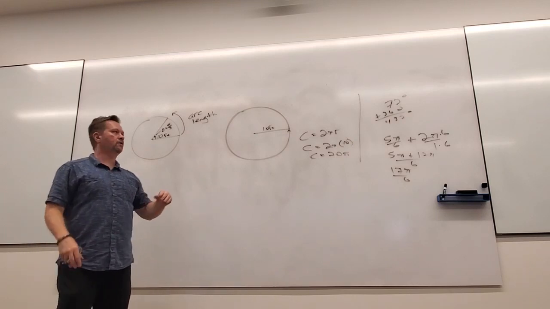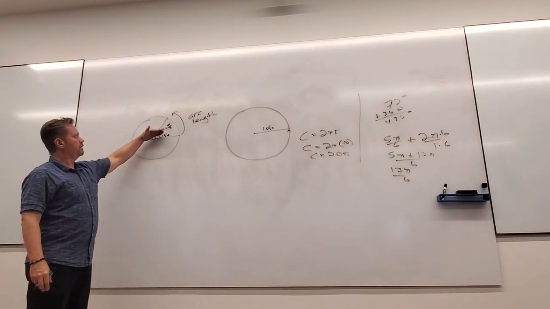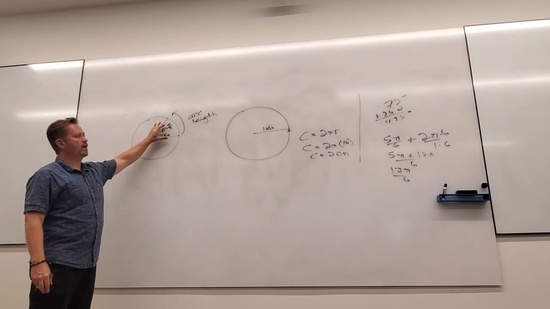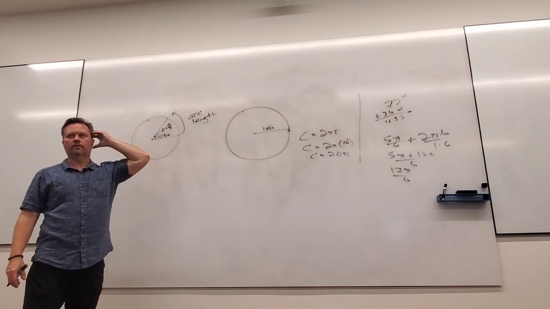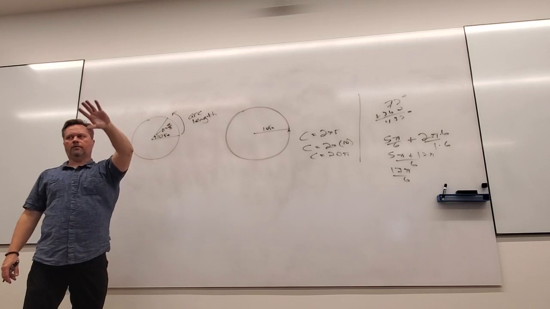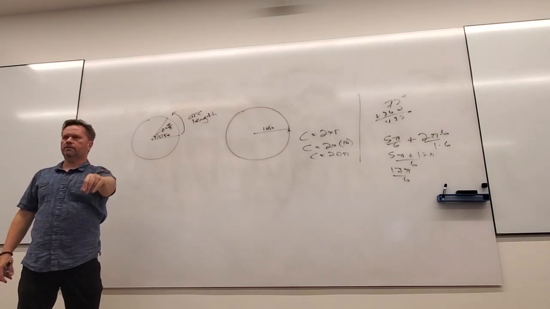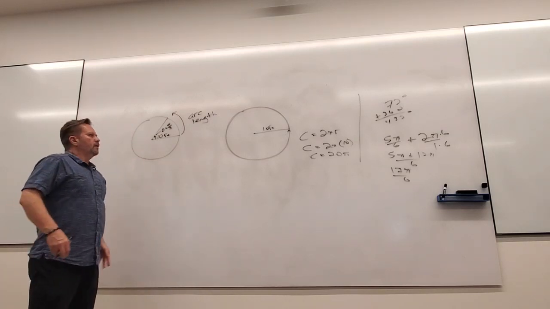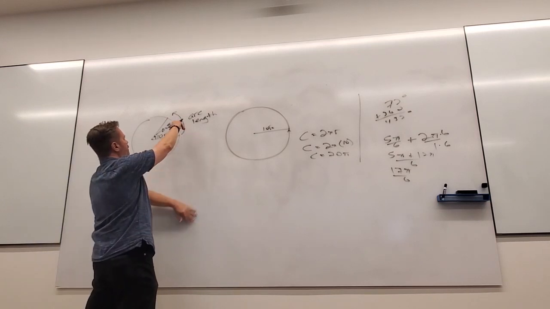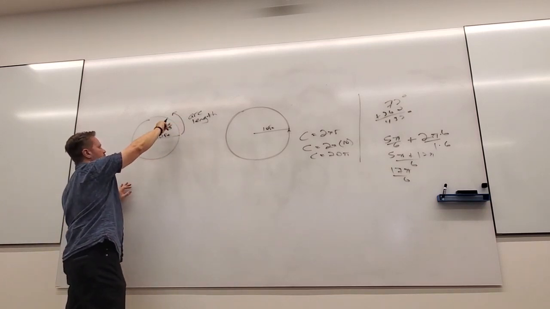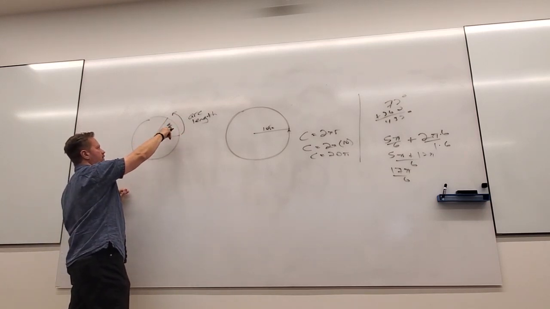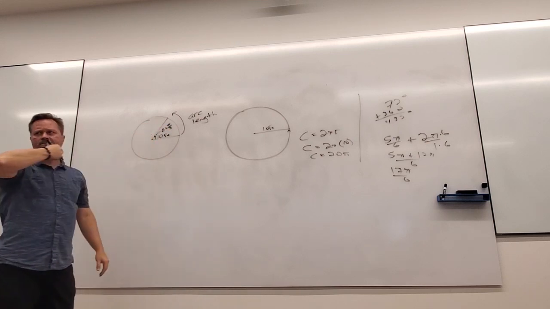Now, if I want to know how much is this piece, isn't that a fractional part of the whole thing? Just go with me for a second. We're going to get a shortcut here in a minute. So, what fractional part of the whole thing is this? 1/6.